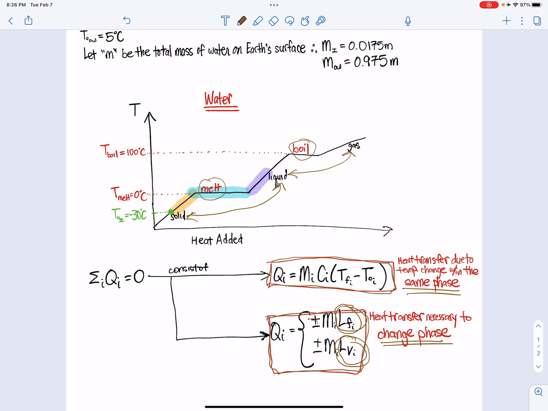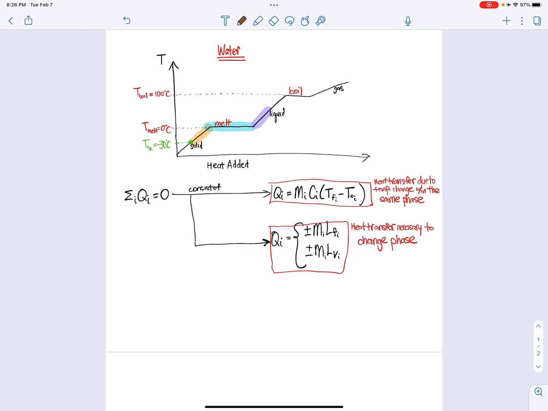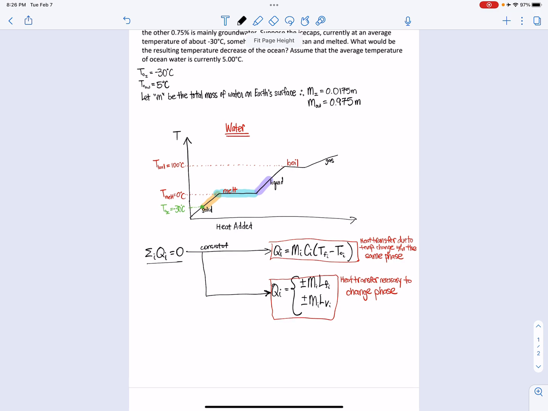And plus or minus depends on whether your system receives heat, when it gains heat, we use plus, and minus when we lose heat. Okay, that's all that is. Let me just clear this up a little bit. So in our case, let us write our sum of all heat transfer equals 0 equation down.